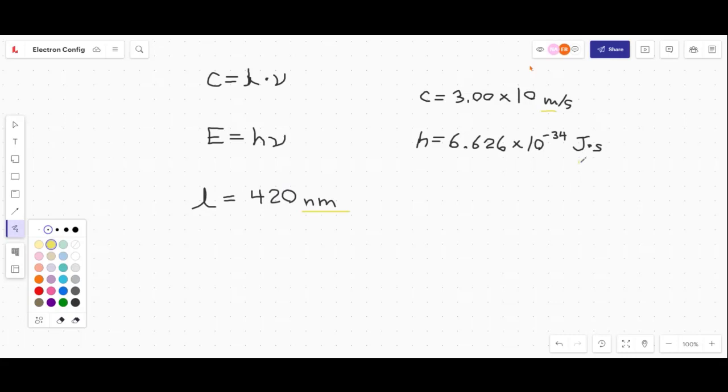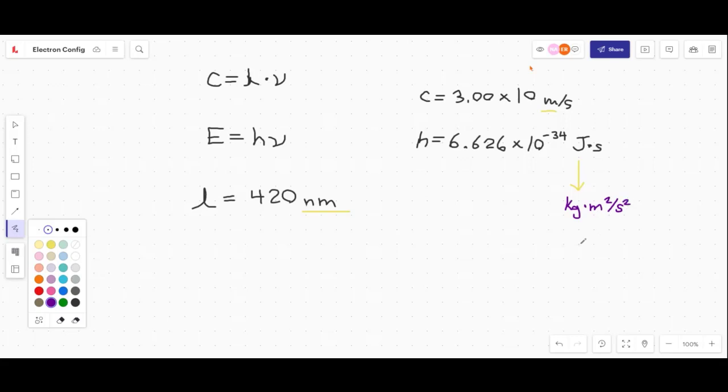And joules, this is another important thing you should note. Joules is actually a complex unit. It's actually kilograms times meters squared per second squared.